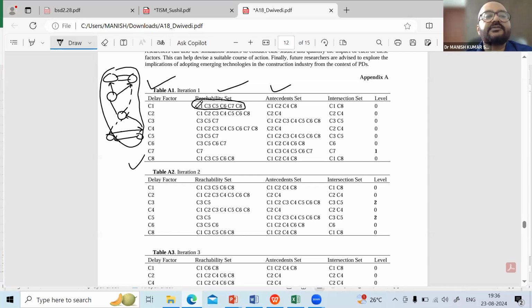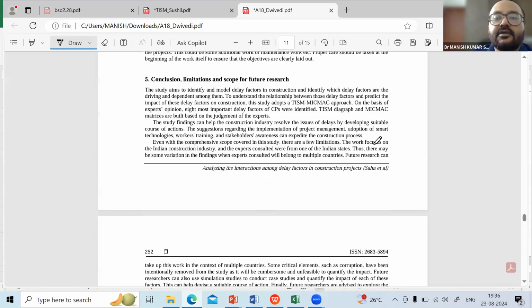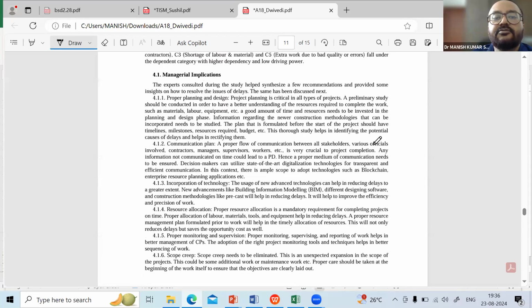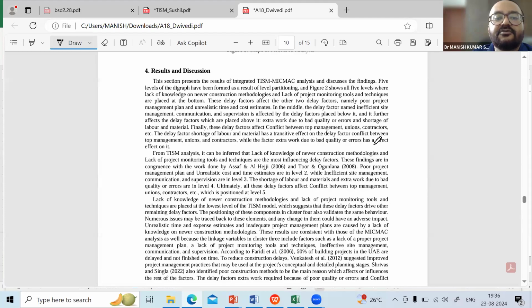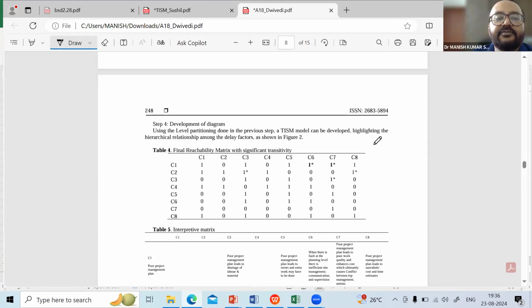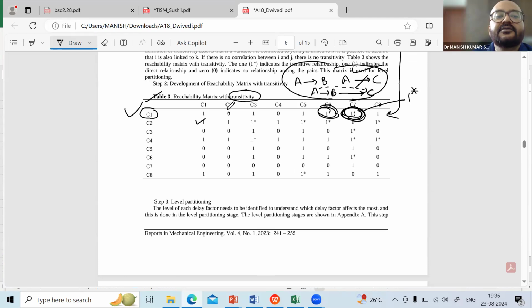So C1 is always C1, so we have to include C3, C5, C6, C7, C8. So let us see here. Yeah, so this is the initial transitivity.